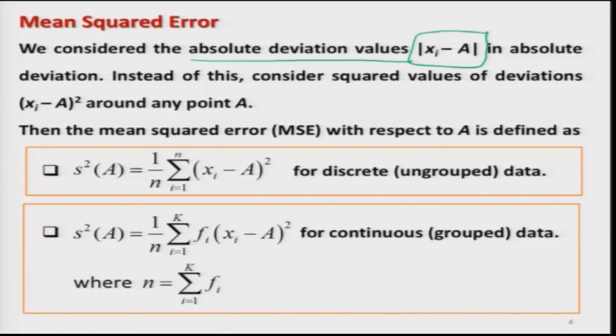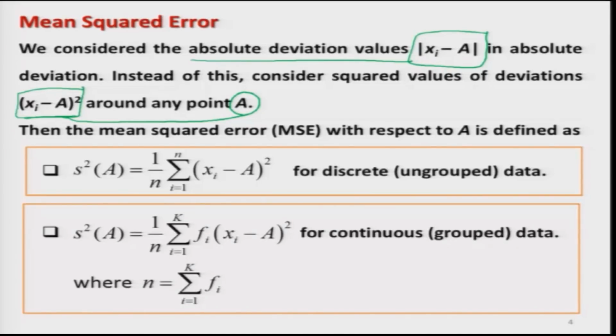Now, I will consider the squared values of xi minus a, and I will write down the squares of these deviations as (xi minus a) whole square. So, these are the squared deviations around any arbitrary point A.